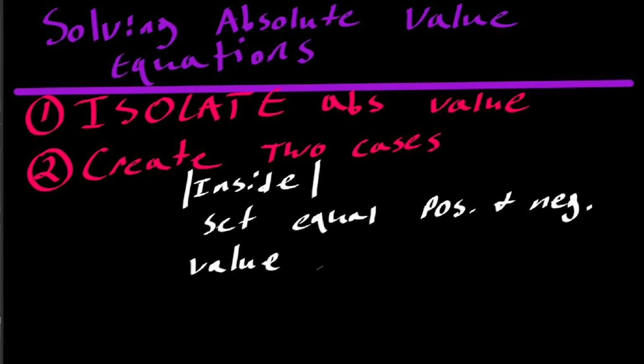So we'll just say set equal to the positive and negative value of the number opposite of the equal sign. Okay, I'll show you what that means in a second.